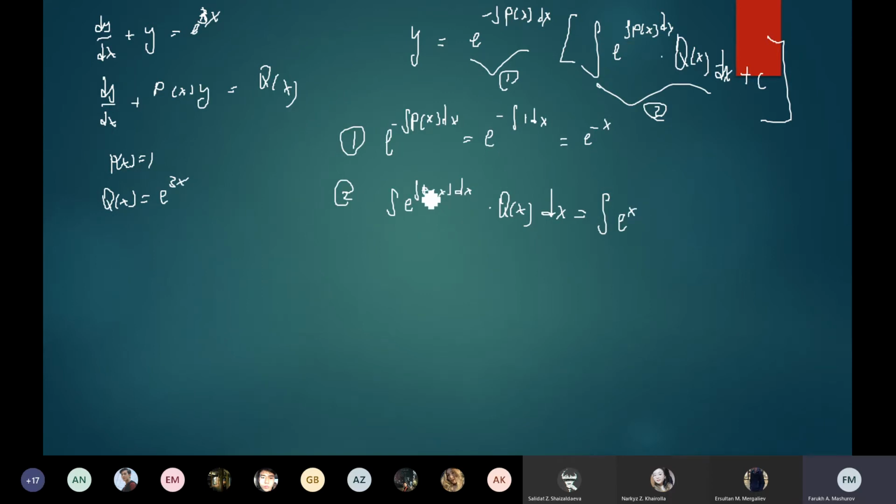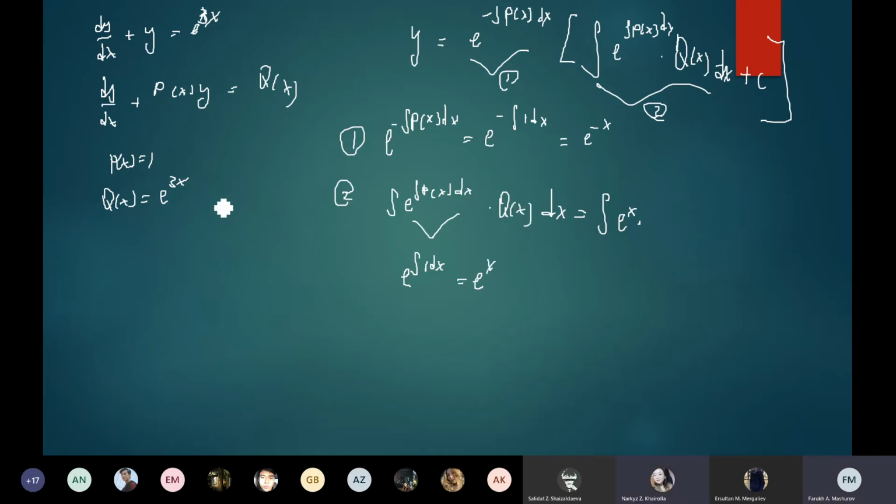Because we know that the integral of 1 is equal to x, so this one will be e to the power x. Is this one correct, guys? I just put 1 instead of p(x), and I found the integral. The integral is equal to x, so e to the power x.